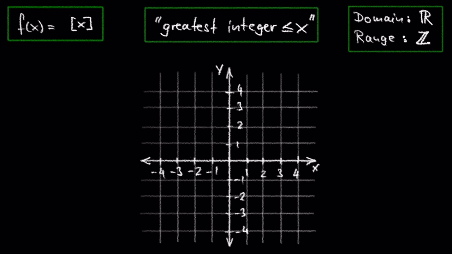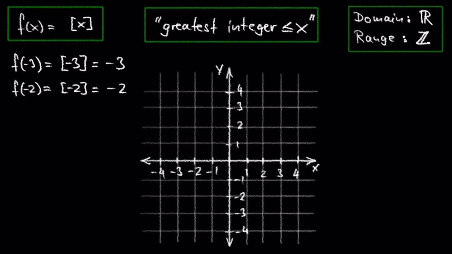It means that when we plug in an integer, the output is exactly that integer which we plug in. So when we plug in, for example, a -3, we get a -3 as an output. When we plug in a -2, we get a -2.